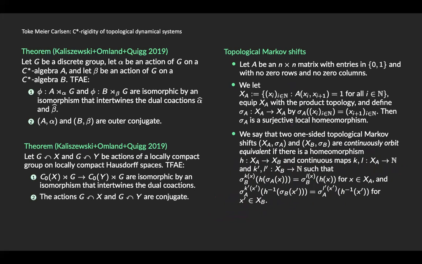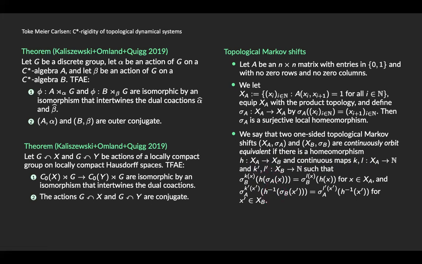So at first this might seem like a bit of a strange definition, but if you take any bijection between X_A and X_B, it will map orbits to orbits exactly when there exist maps k, l, k prime, and l prime such that these two conditions are satisfied.